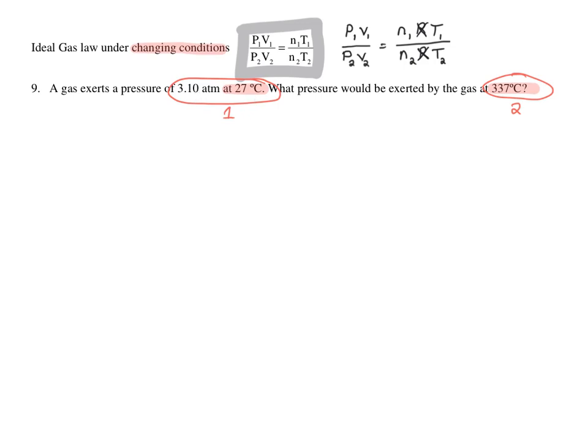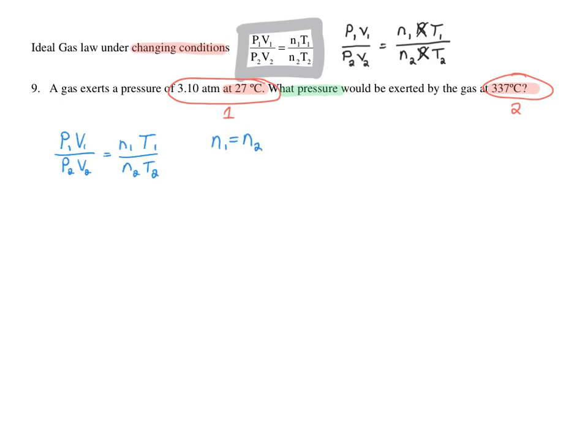All right, so what are we asked to calculate? We're asked to calculate a pressure that's going to exist under condition 2. So in this problem, we're going to solve for P2. We want to make things easy on ourselves by canceling out those things that remain the same. Unless there's specified values for the other variables, we assume that they are going to remain the same.